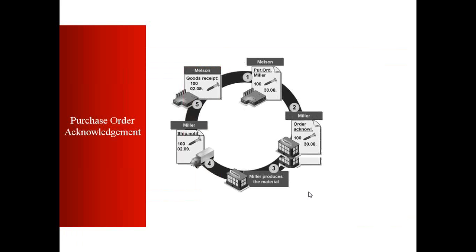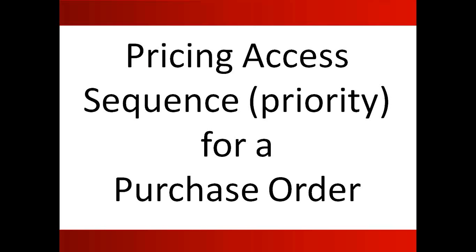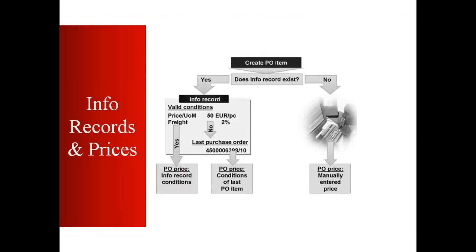Now we'll talk about pricing access sequence priority for a purchase order. So what is that? Whenever we create a purchase order, the system will look into the info record.